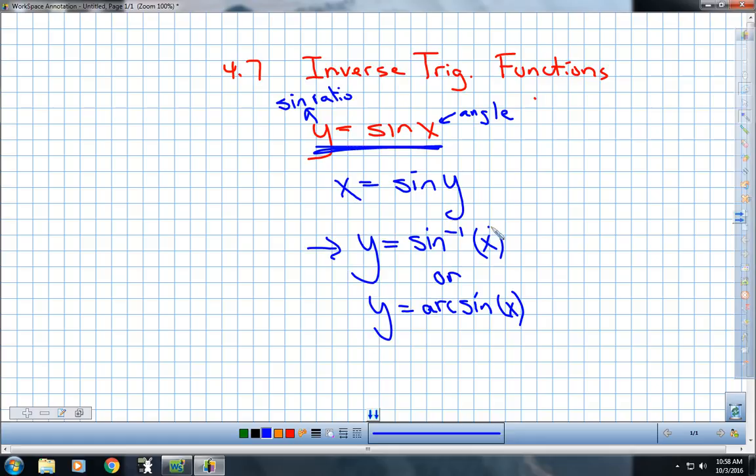Okay? So the x, the input, is no longer the angle, it is the sine ratio. And what we're trying to find is the what? The angle. Okay? We're trying to find the angle measure. Does that make sense? Okay, all right.